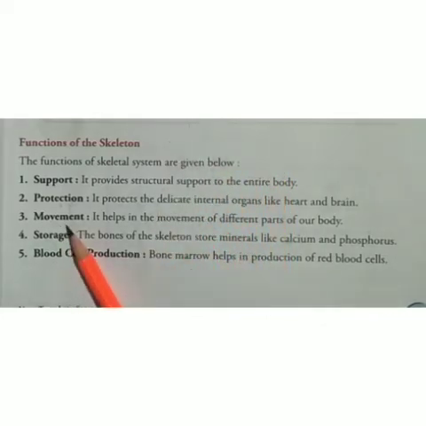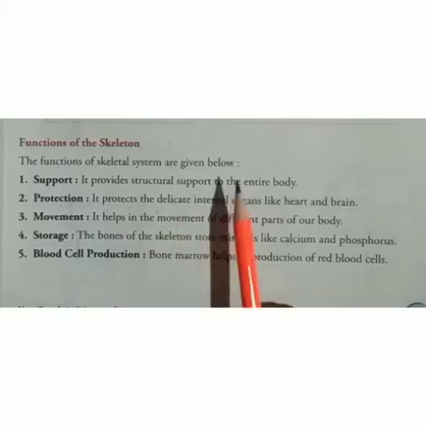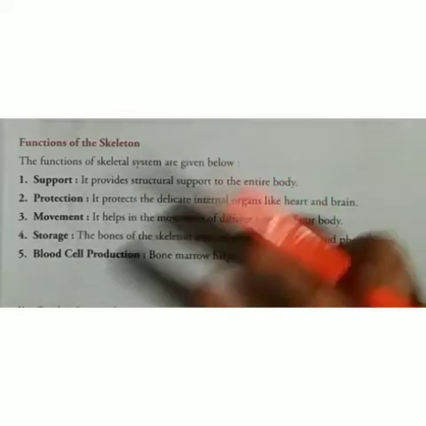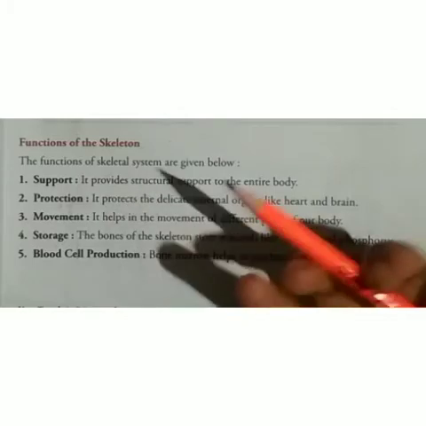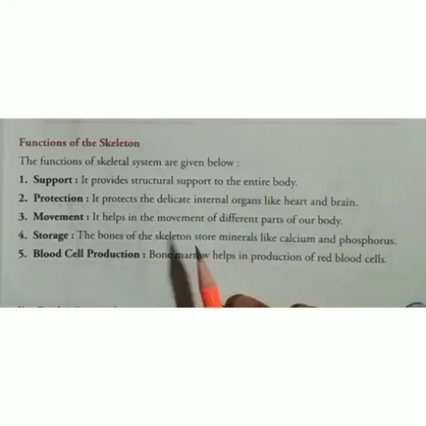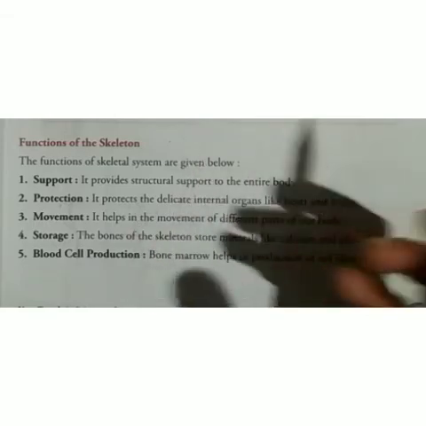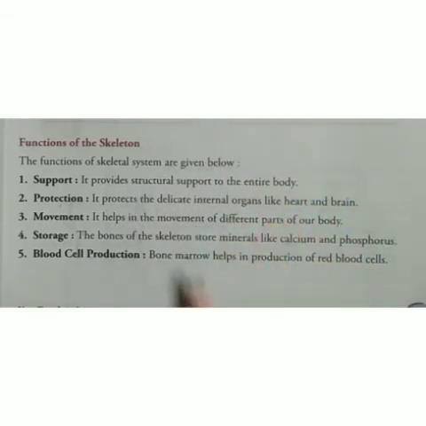Now comes movement. The skeletal system helps in the movement of different parts of the body, like we run, we walk, we lift something, then we sit. All these movements are because of the skeletal system. Then comes storage. The bones of the skeleton store minerals like calcium and phosphorus.